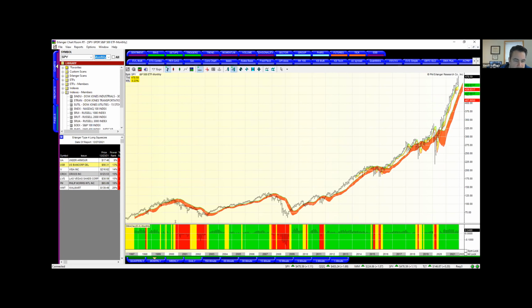The whole idea is when the DMA channel goes red, i.e. below this orange band here, that's when you want to be out of stuff. So long period here, long period in here, 07 into 09, then kind of shorter periods since. Even this period was very short. We haven't had this type of event or this type of event in a pretty long time now.